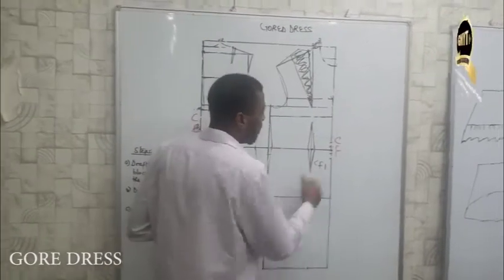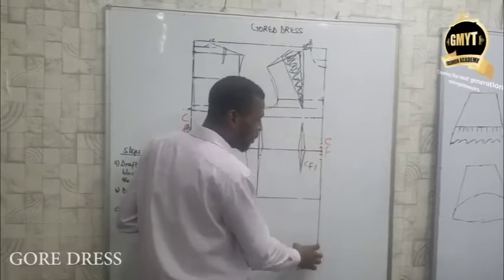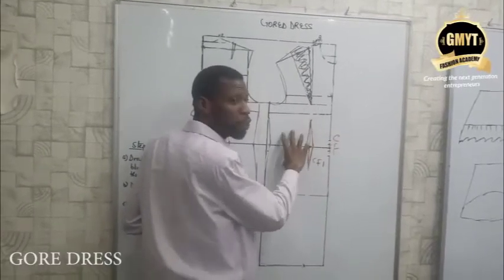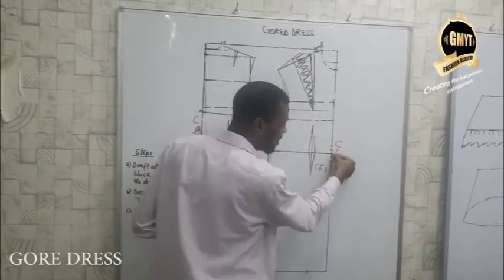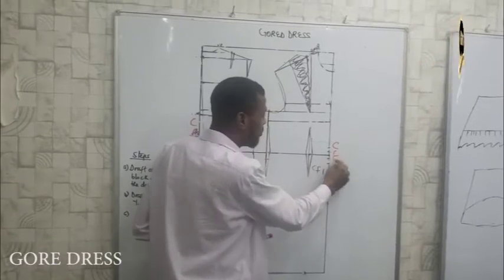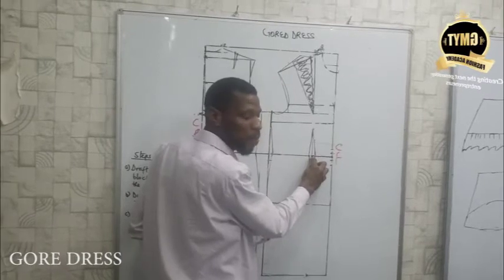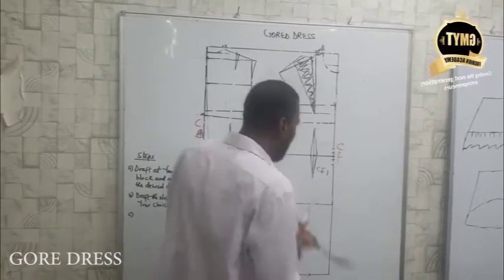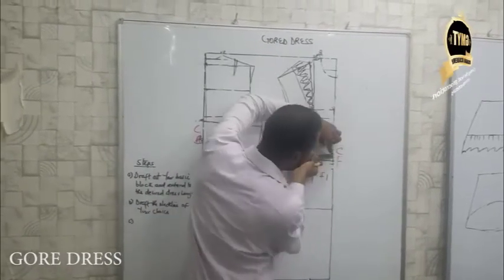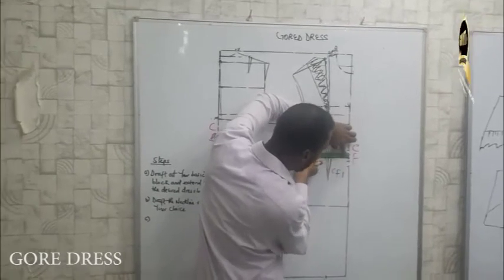To get the panel placement of this front block, you need to measure on the waistline from the center front to this dart point. Place your tape measure on the center front of the pattern.